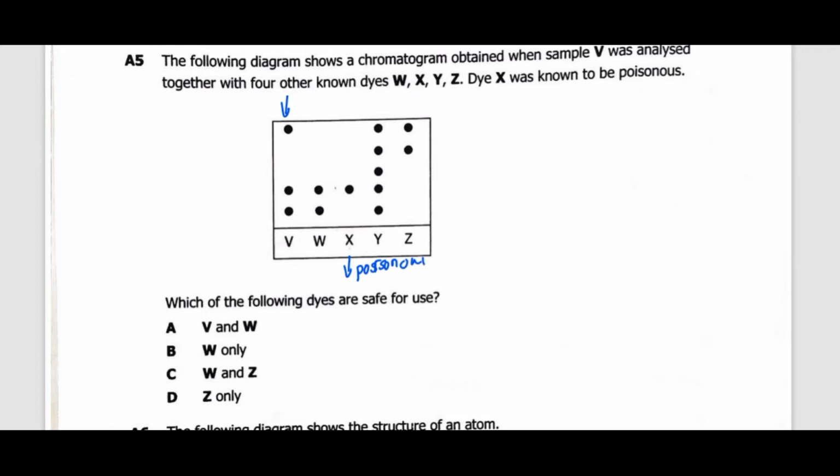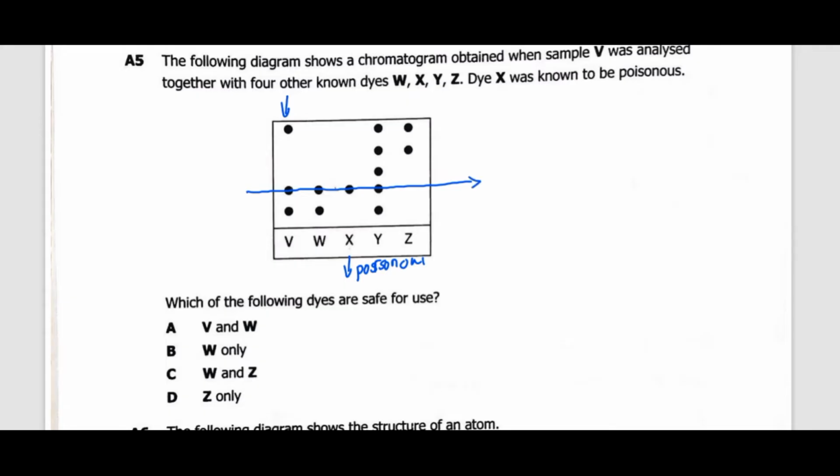So we are supposed to look at the other samples. If these other samples have spots that are corresponding with X, therefore they also consist the poisonous. So we are going to draw a straight line that will pass through these points.